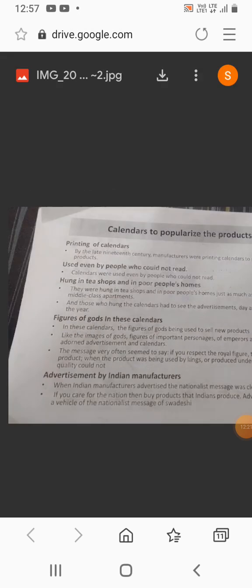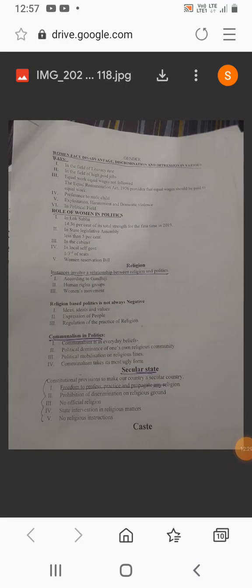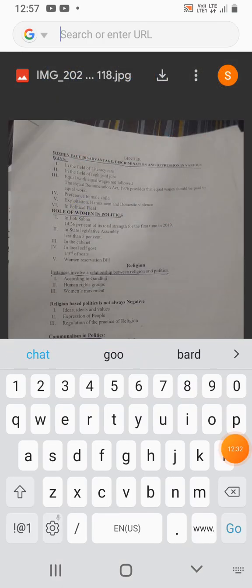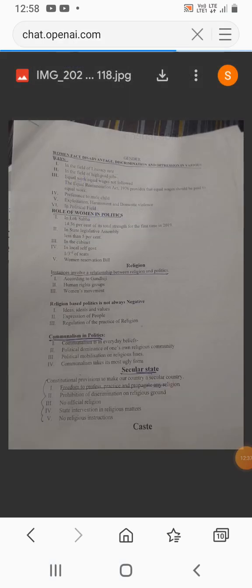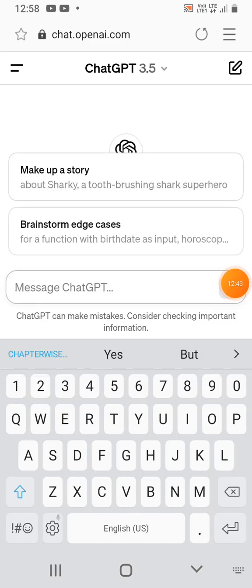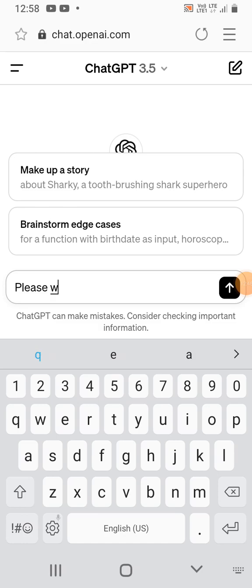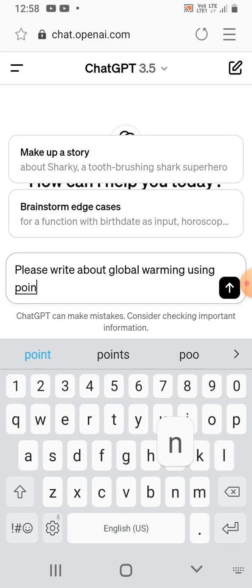Suppose I am going to CBSE. Just one example, suppose I am asking, please write about global warming using point headings.